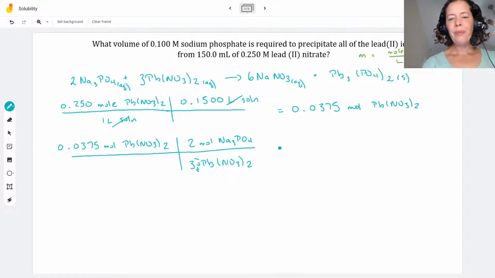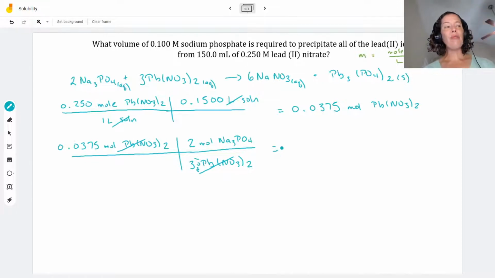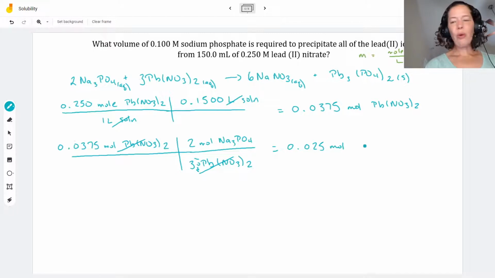That's moles. This calculation will tell me, because my moles of lead nitrate cancel, how many moles of sodium phosphate I need. When I do that calculation, I get 0.025 moles of sodium phosphate.